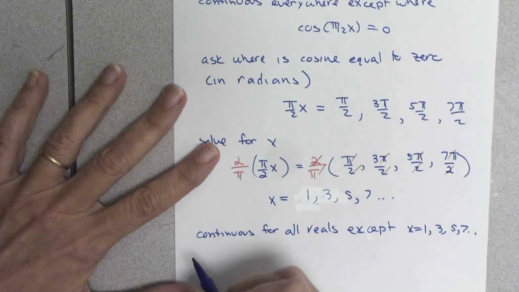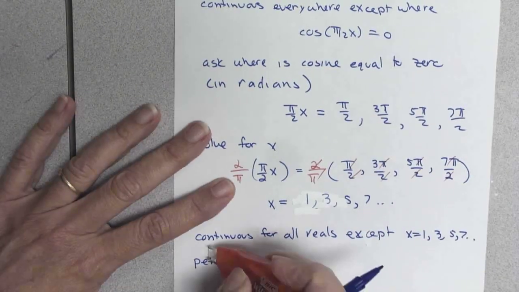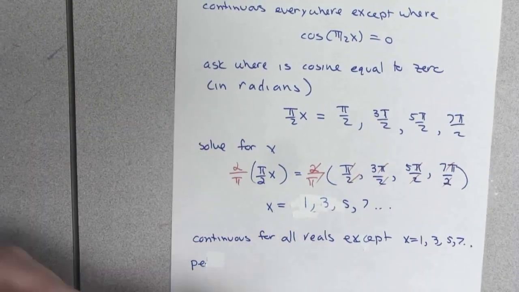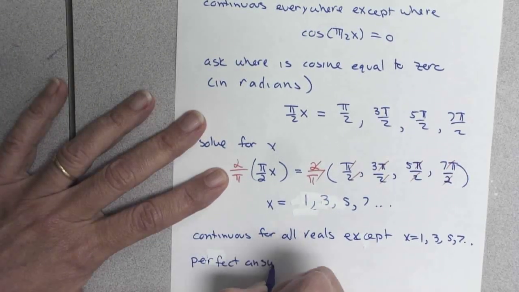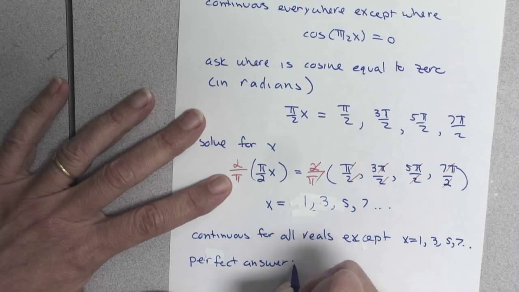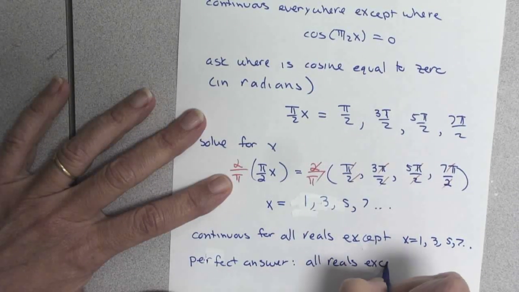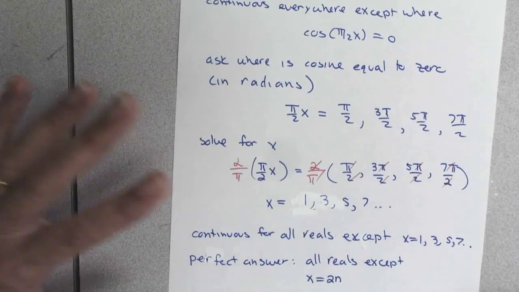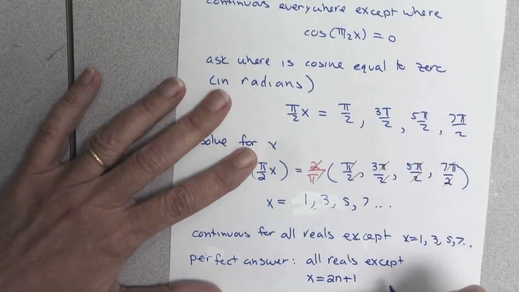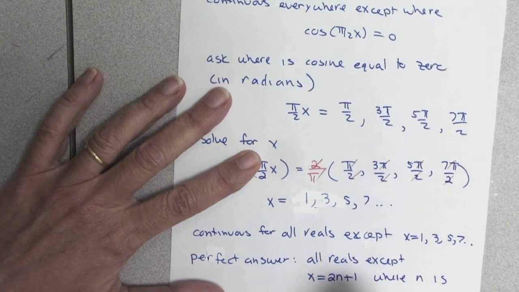But the perfect answer here would be all reals except x equal 2n plus 1, where n is an integer.